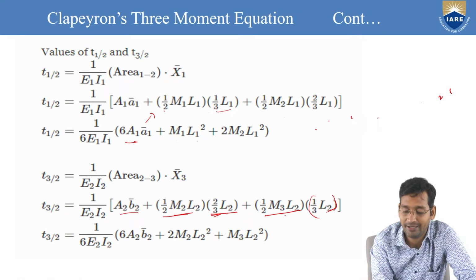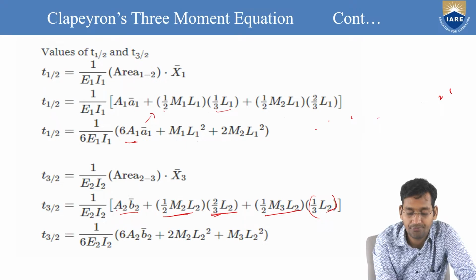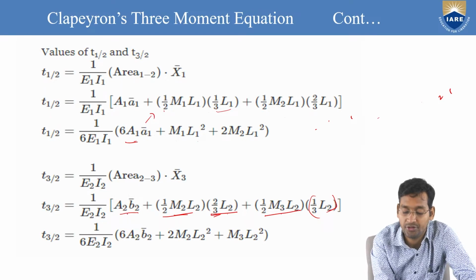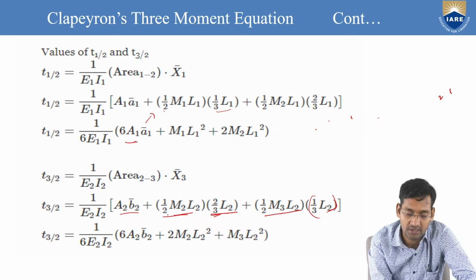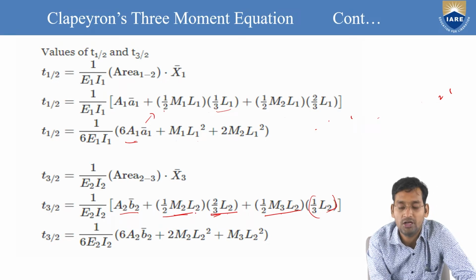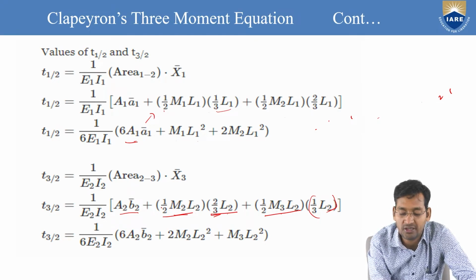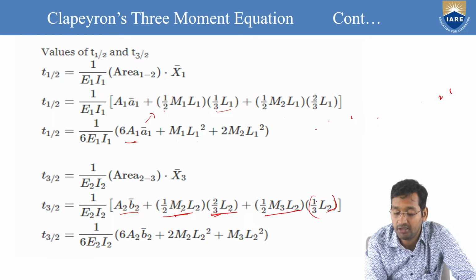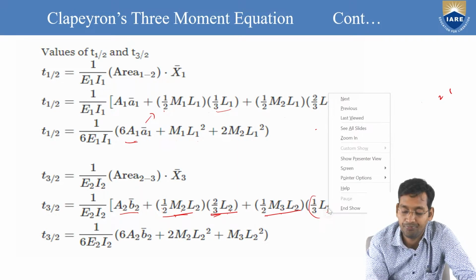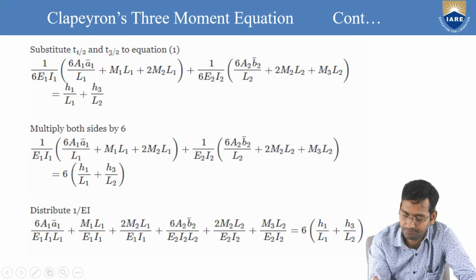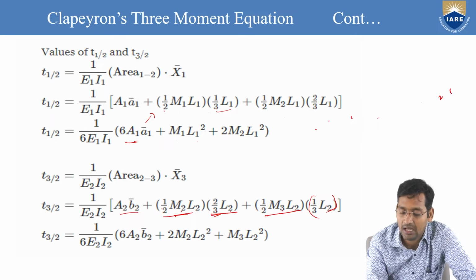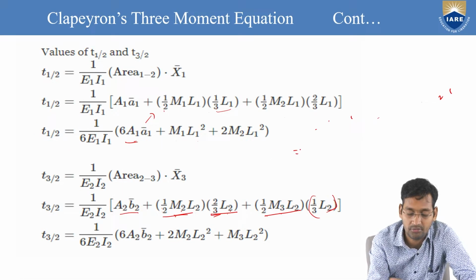So again what we will do, again we will multiply here. So this will be A1 by E2 I2, A2 B2 plus 1 by 2 M2 L2 and this 2 by 3. So 2 by 3 multiplying it, 2 by 6 M2 L2 square. Similarly here 1 by 3 and 1 by 6, so 1 by 6 M3 L2 square. Next step, multiply again by 6, or let me do this one.